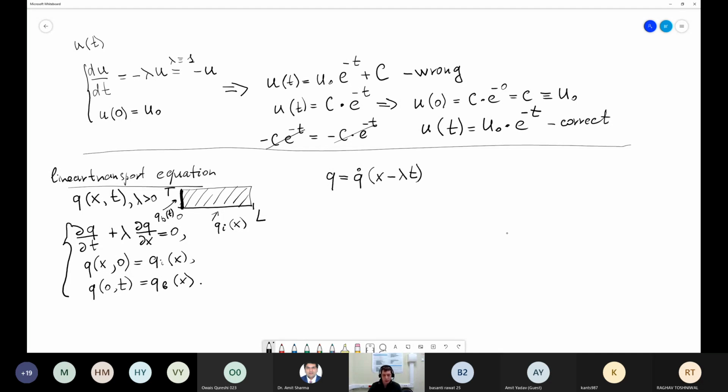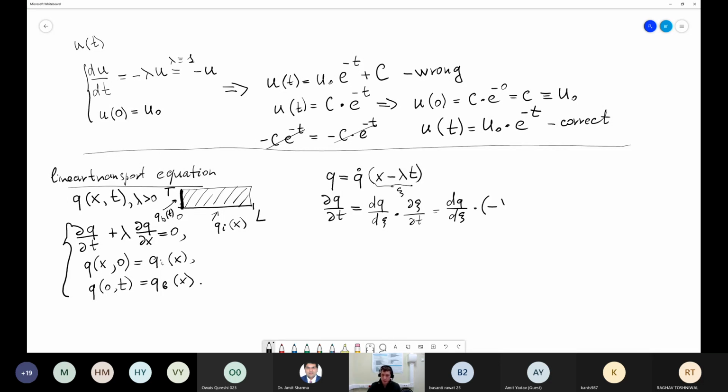Let's substitute any function that depends only on this variable into the initial equation. dq over dt will give us dq over dx multiplied by dx over dt, which is minus lambda.